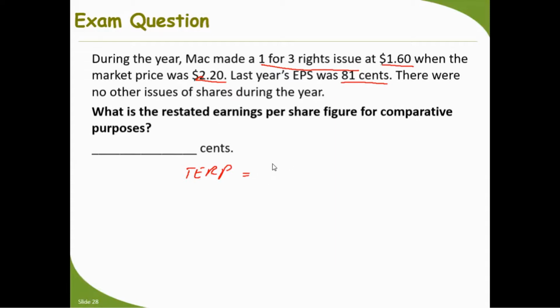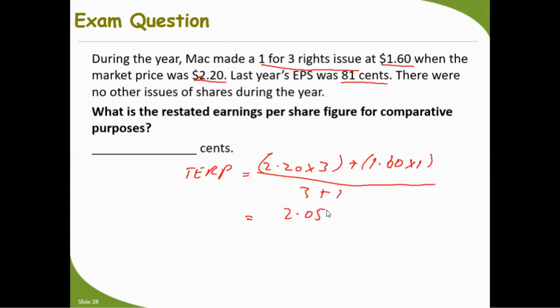TERP is 2.20 times 3 shares required for one right, plus the issuance price of the right times 1, divided by 3 plus 1. So it is 3 times 2.2 equals 6.6 plus 1.6, 8.2, divided by 4, which is equal to 2.05.